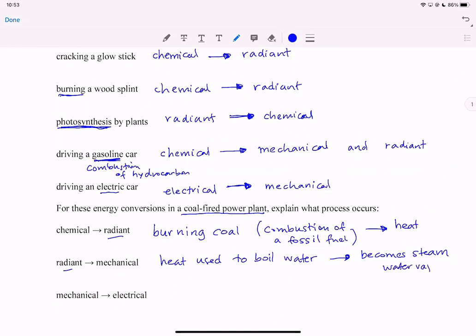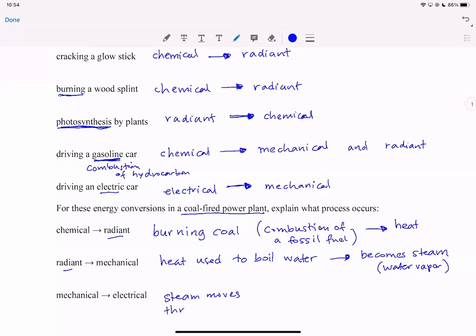And that water vapor is a gas that moves through the system. So this water vapor, the steam, moves through a series of pipes. Okay, so this steam moves, it flows. And what it does as it flows is it moves through a generator. Actually, let me put this on this side of the arrow.